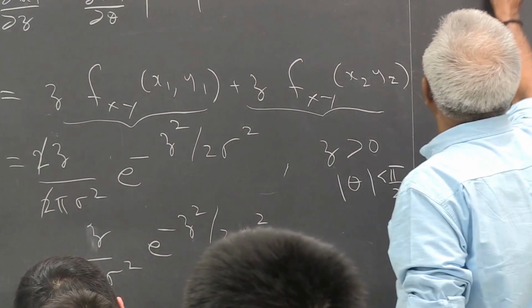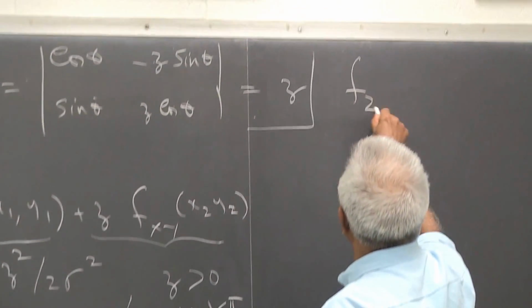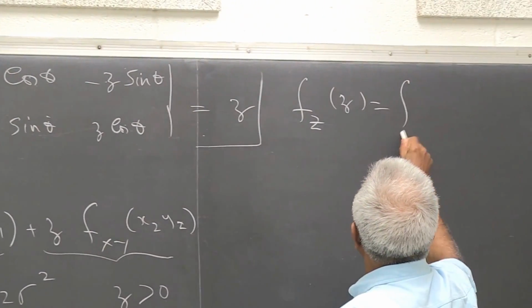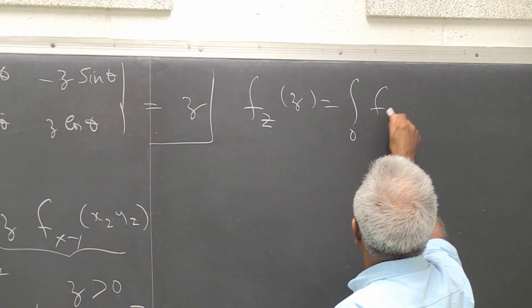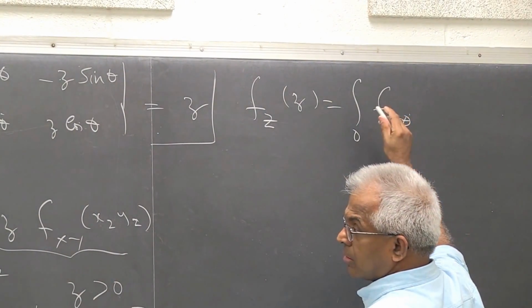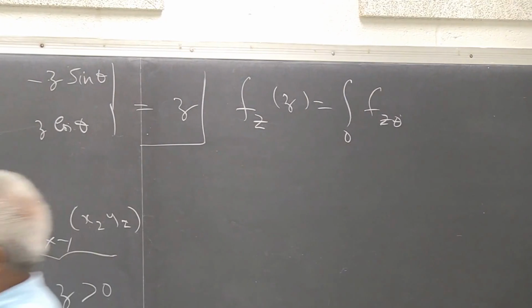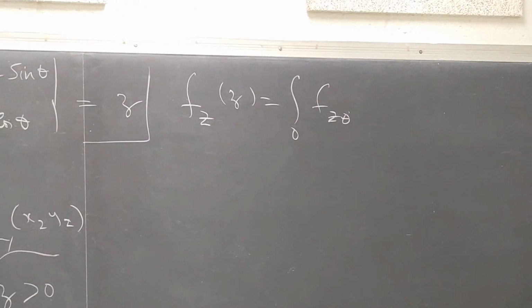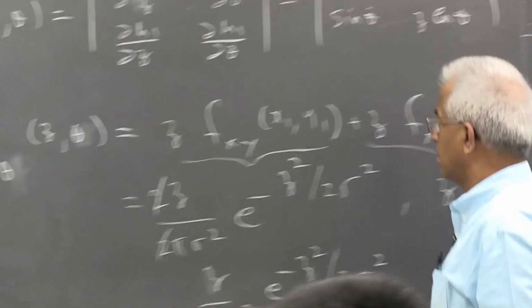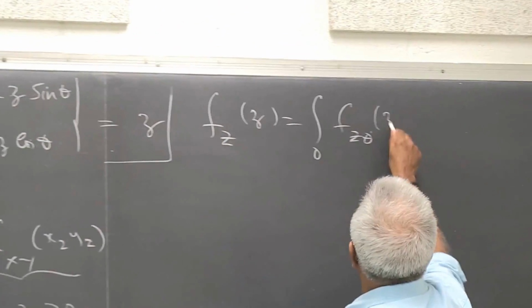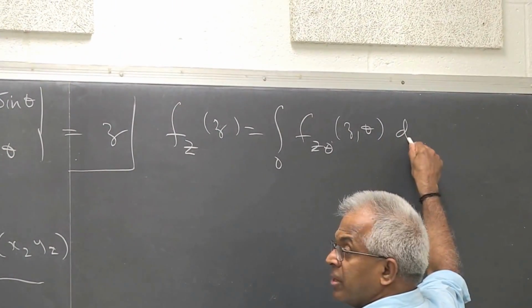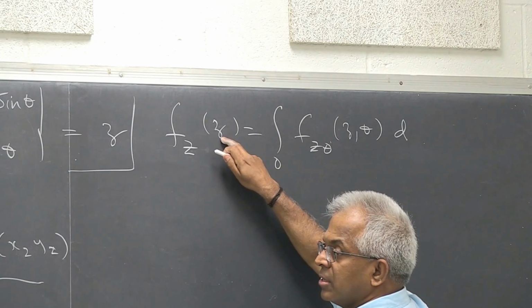So let's find, even though you know the answer, let's find out f of C comma theta. F of z comma theta. Instead of W, I should write here theta. What should I integrate? Anybody? To find out f of theta?